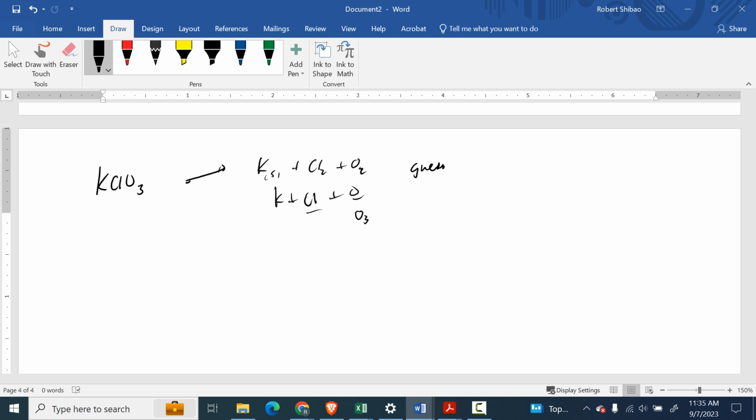It's not very stable, and so they might say, okay, it's going to be plus chlorine plus ozone, but these ones aren't going to be nearly as favorable as this one here, because this one is more what we would expect.